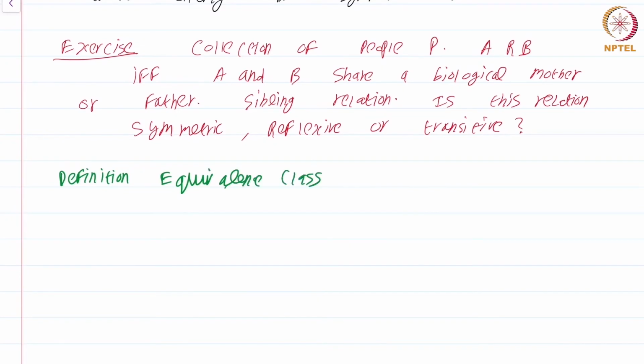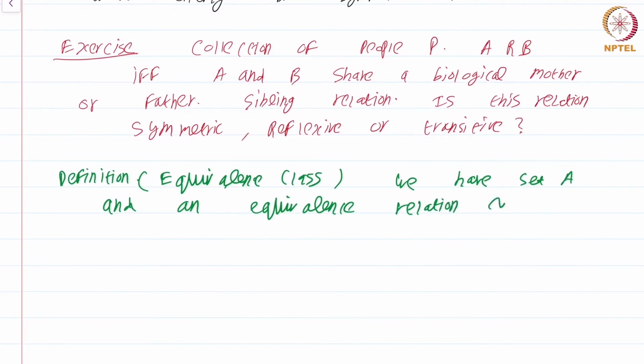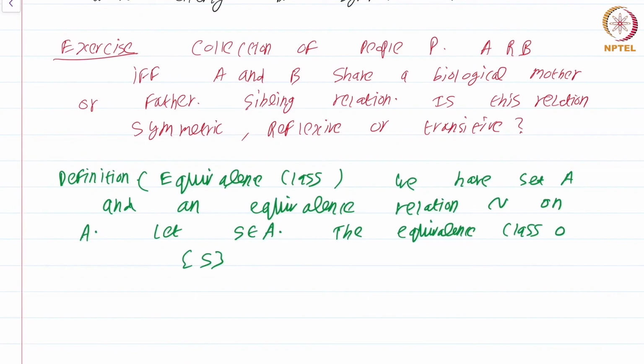So, we have a set A and an equivalence relation tilde on A. Let S be an element of this set A. We define the equivalence class of S under tilde, which is denoted by square bracket S.